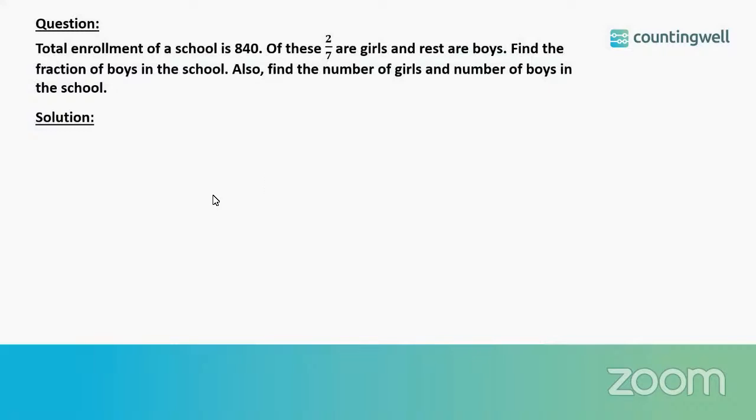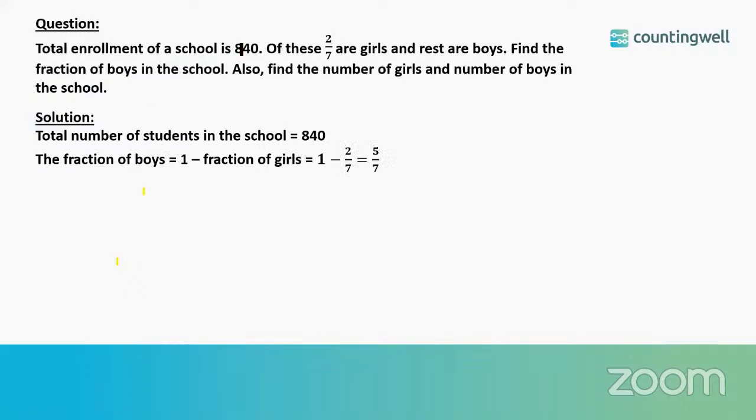What is given? The total enrollment of a school, which is 840. So we have total number of students in the school as 840. First, we have to find the fraction of boys in the school.